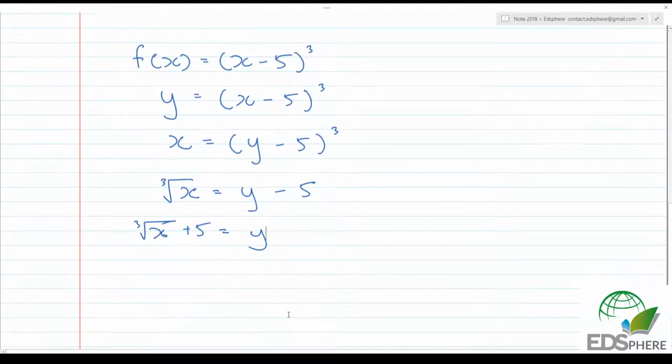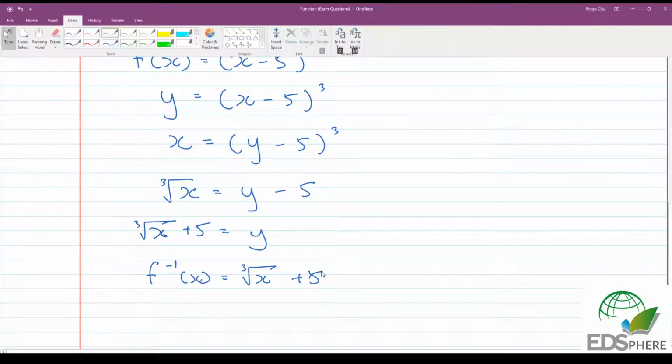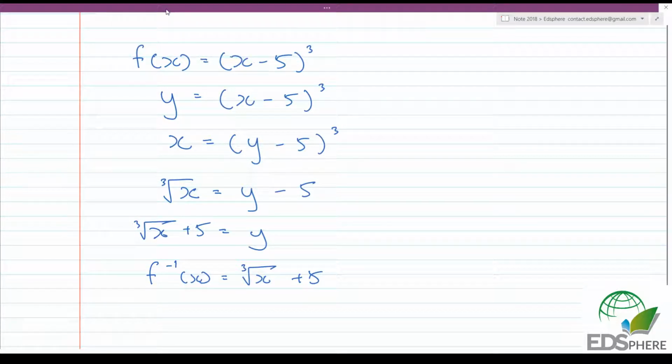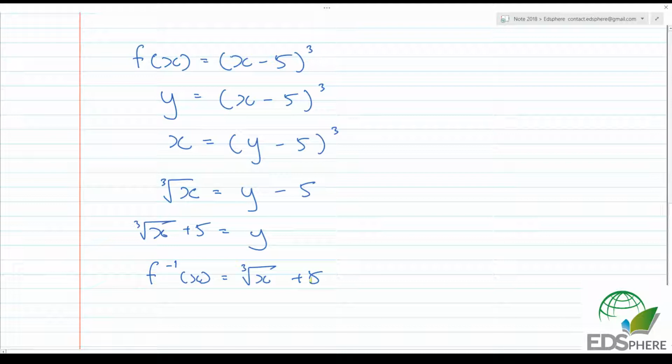So the final answer is f minus 1 of x equals cube root x plus 5. Voila, that will be the answer. I'm going to highlight this. That will be the answer.